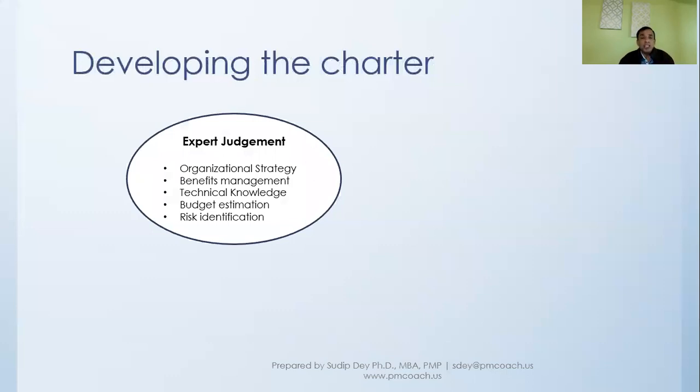A project is typically very complex, and will involve many different complex activities, and by no means will the project manager know everything or even a small amount of all the details. So the key for a project manager is to be able to access all the resources that are available, and one of them is expert judgment.